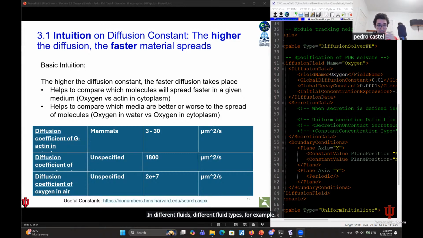For example, in mucus, we'll have a different diffusion coefficient than in water and in cytoplasm. And in the same environment, such as water, different molecules will have different diffusion coefficients. For example, a virus is much larger than a protein. So the virus will have a lower diffusion coefficient than a protein. Oxygen is much smaller than a protein, so it will diffuse faster than a protein in the same environment.